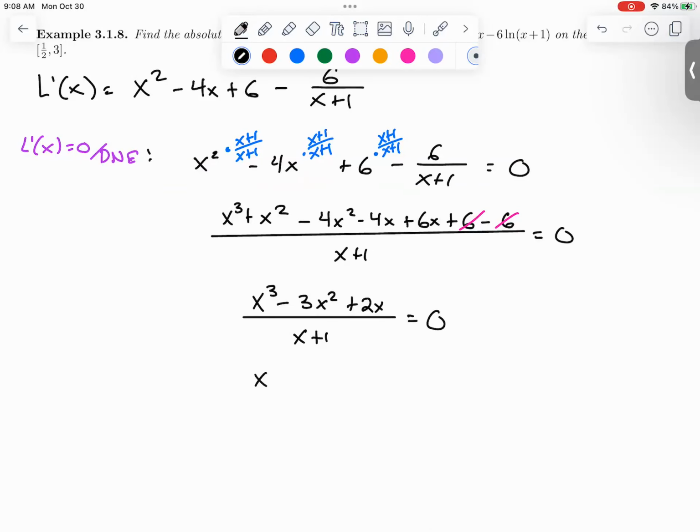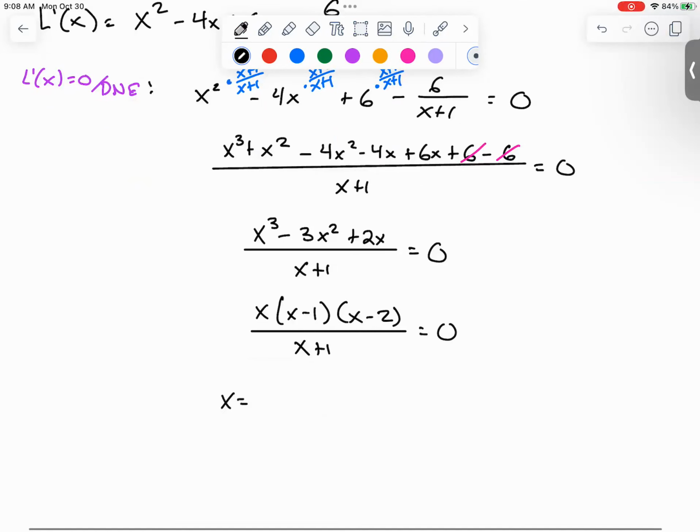So we get x times x minus 1 times x minus 2, all divided by x plus 1 equals 0. We're going to set it equal to 0 or find where it doesn't exist. It will equal 0 where the numerator is equal to 0. So x equals 0, 1, and 2, and then -1 from the denominator.